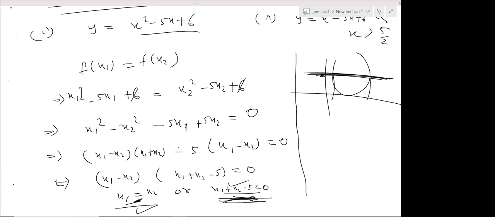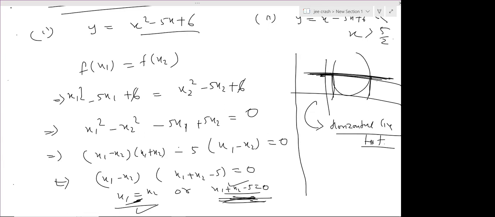So for a single y, there are two x. So this is not a 1-1 function. This is called the horizontal line test. To check a 1-1 function, we use the horizontal line test. If you know the graph of the function, then you can just draw a horizontal line and check if it cuts at more than one point.